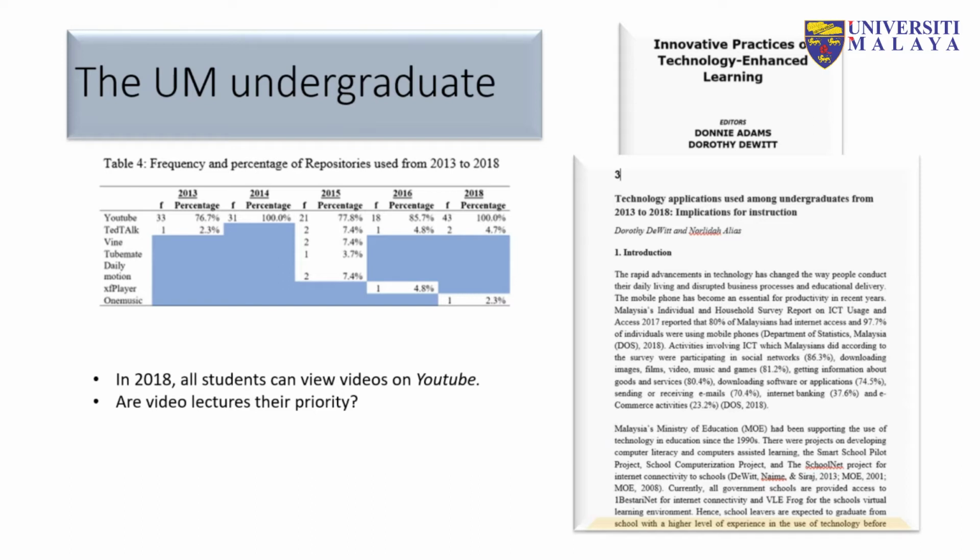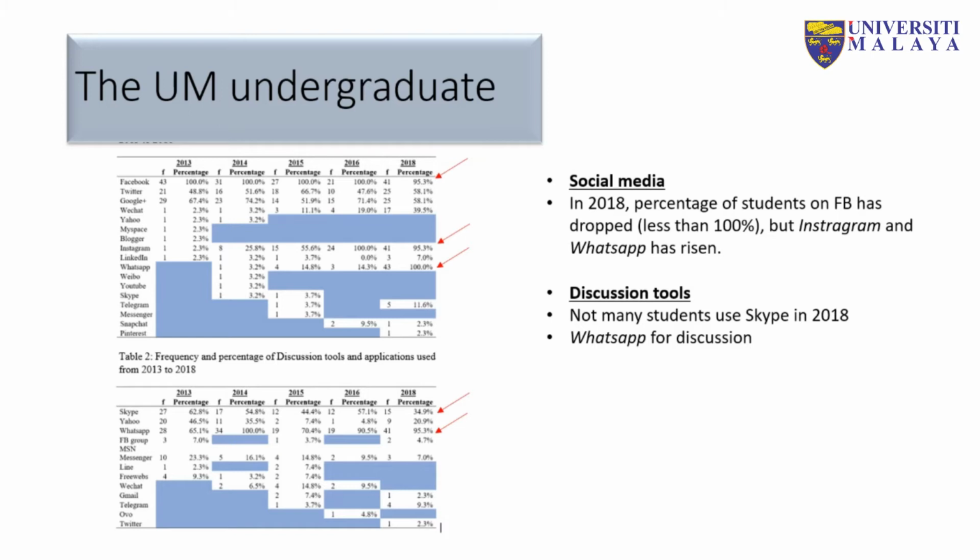However, because YouTube is data heavy, our video lectures are going to be their priority. Of course, if it's a nice movie, they will watch it, but what lectures are nice? Secondly, social media. Let's look at social media.